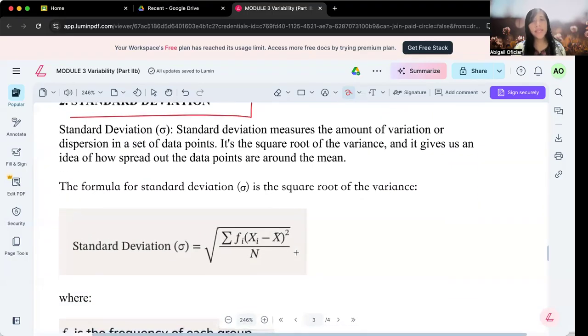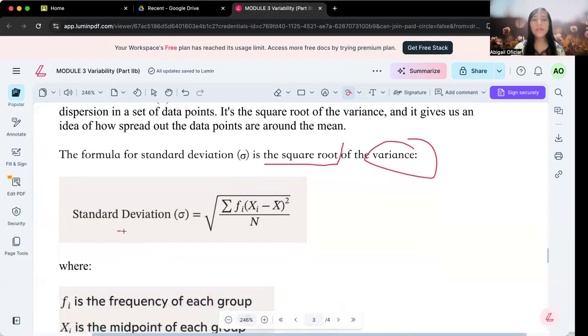Like what I said in the previous lecture, to get the standard deviation, we will just get the square root of the variance. So this is the formula for the standard deviation, or simply the square root of the variance.